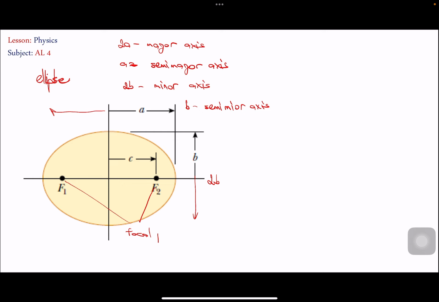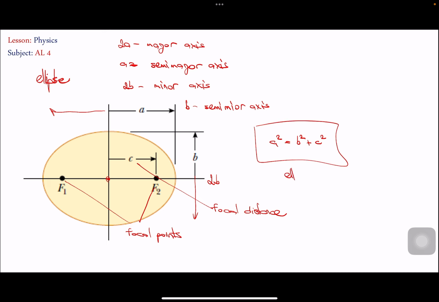The distance from the center to these focal points is denoted by c, and it's called the focal distance. So what's the relation between a, b, and c? That's simple: a squared, the square of the semi-major axis, equals the sum of the semi-minor axis squared plus the focal distance squared. That's the formula for the ellipse.